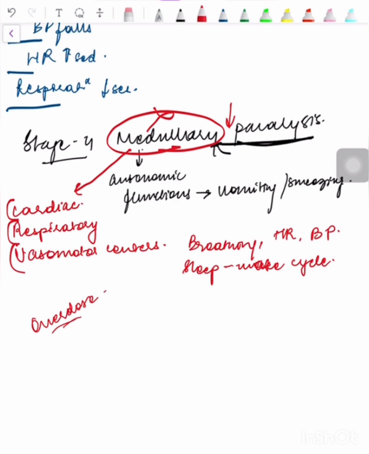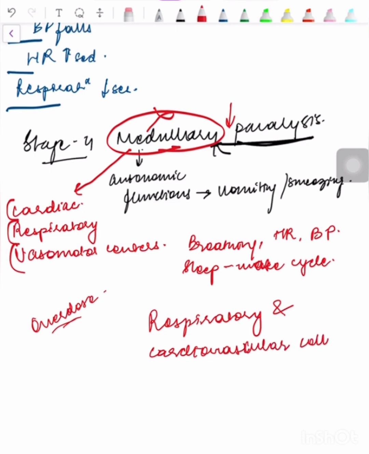What happens in this? It results in cessation of what? Respiratory and potential cardiovascular collapse. So there is cessation of respiration and cardiovascular collapse.